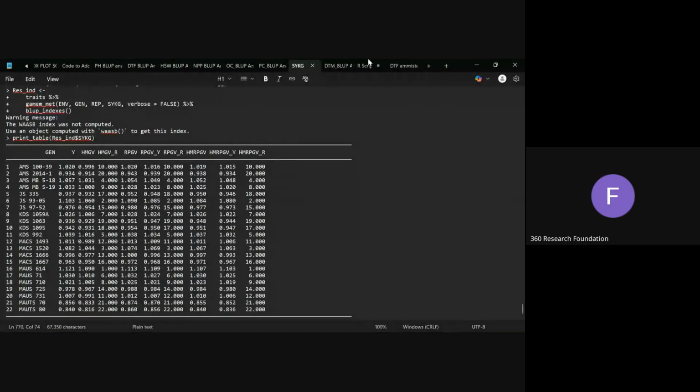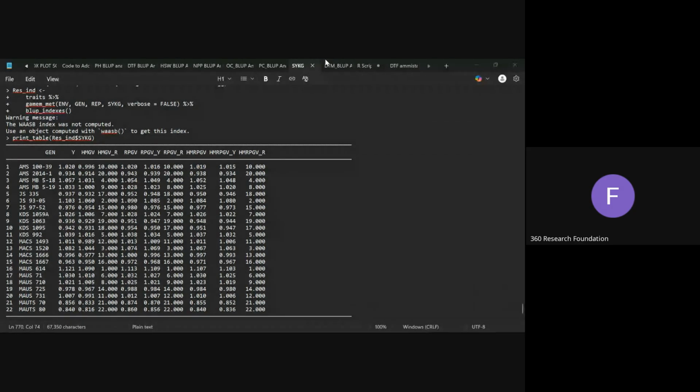So this HMGV is the harmonic mean of genotypic value. And that underscore R means ranking on the basis of that harmonic mean.